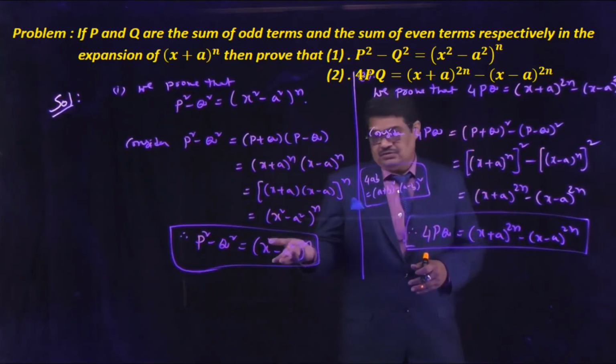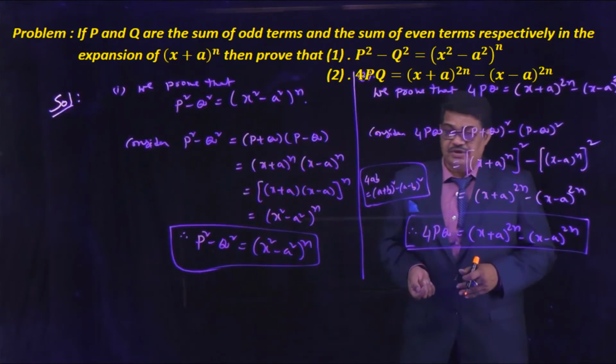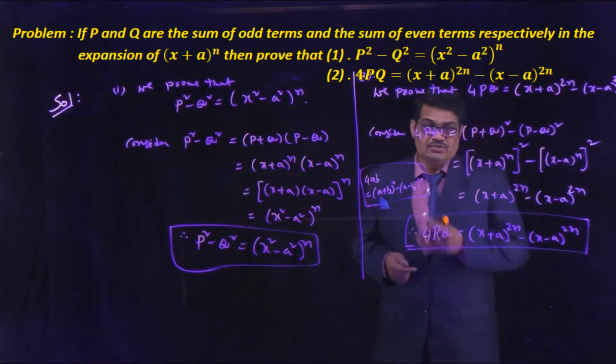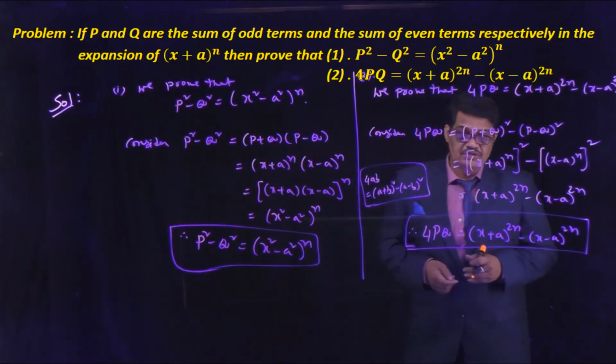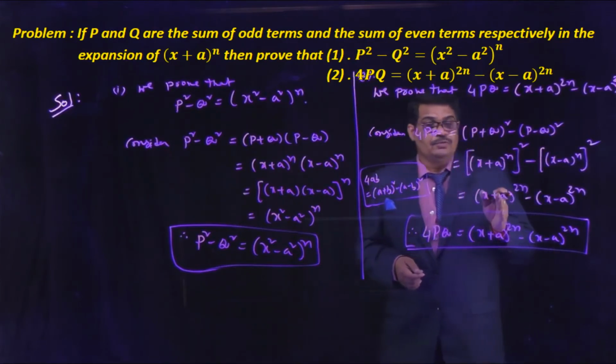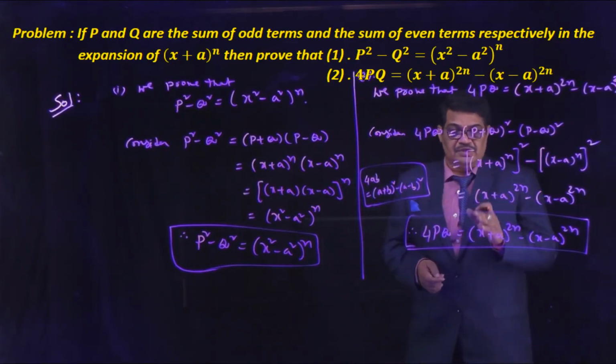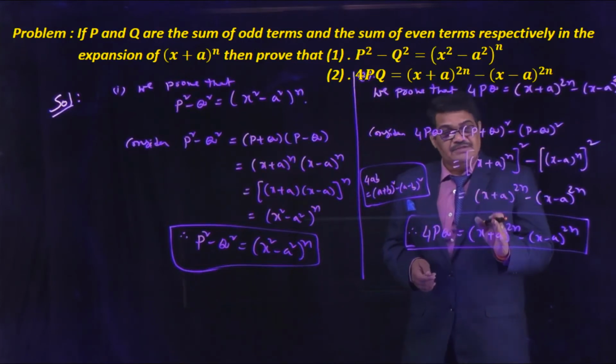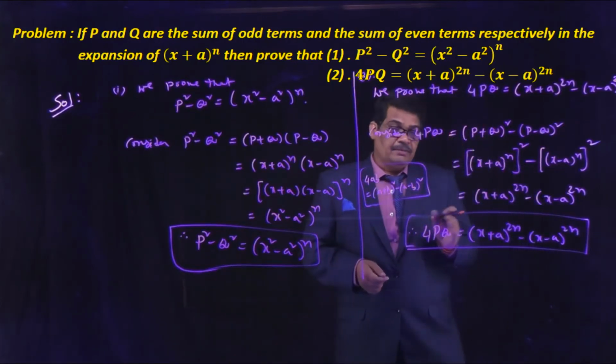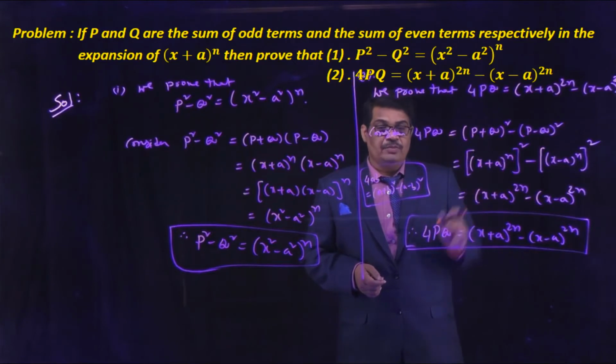Then we are getting p square minus q square is (x square minus a square)^n, and 4pq is equal to (x + a)^2n minus (x − a)^2n.